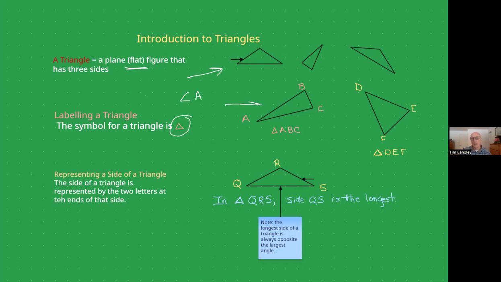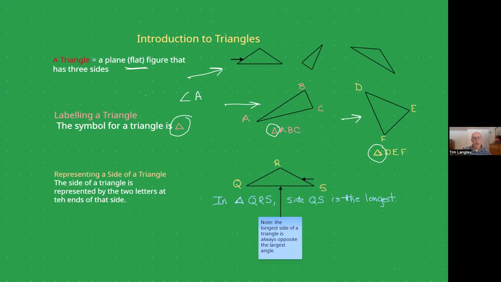I've got an A and a B and a C. So we can call this triangle ABC, and I put this little triangle symbol in front of it, and that's how I indicate that this is a triangle. Look at this triangle DEF, and you'll notice the triangle symbol again, triangle DEF. So that's a little bit about the symbols for triangles and what a triangle is.